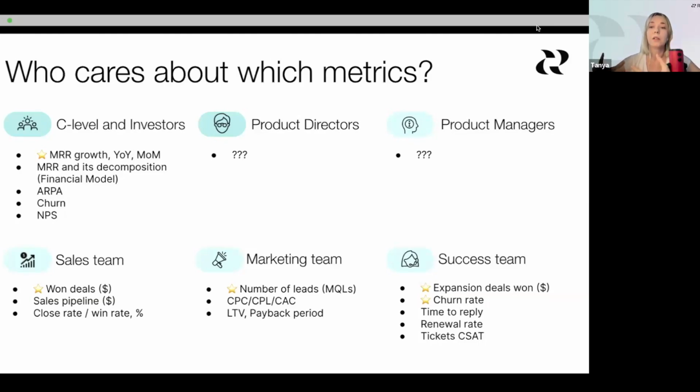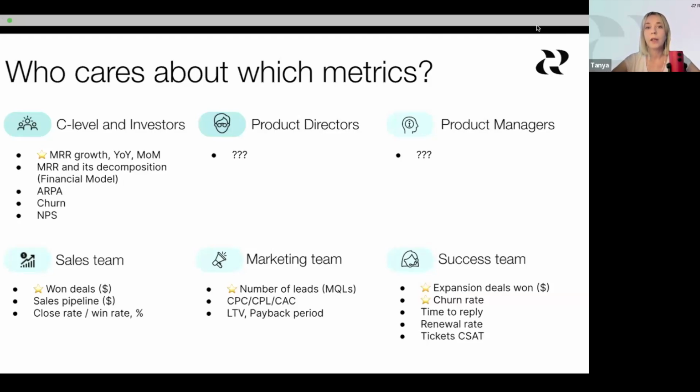The success team cares about very different things. Oftentimes it's customer satisfaction, the time to reply to tickets, the number of tickets they have in Zendesk or other tools. Sometimes they care about expansion deals, and also about the churn rate that the company has and how many customers churn.